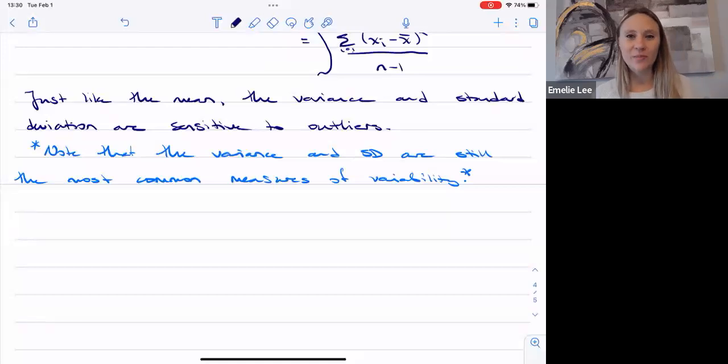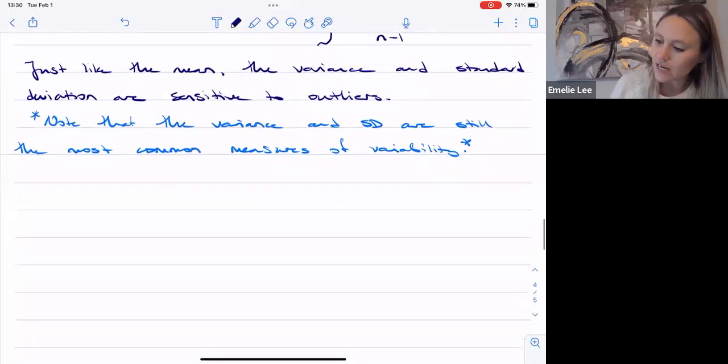So there are other measures of spread we've talked about. So from Stat 230, we know the interquartile range is a measure of spread that we can use. And it is robust to outliers because it relies on just the quartiles. But another measure that we can talk about is the MAD, the mean absolute deviation.